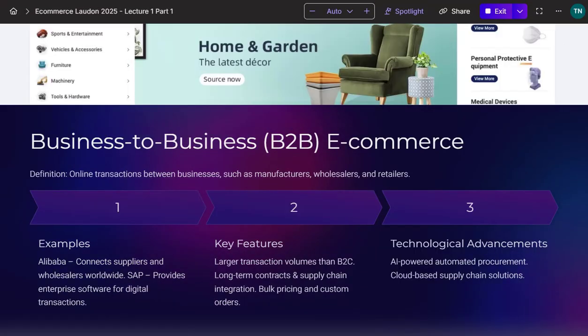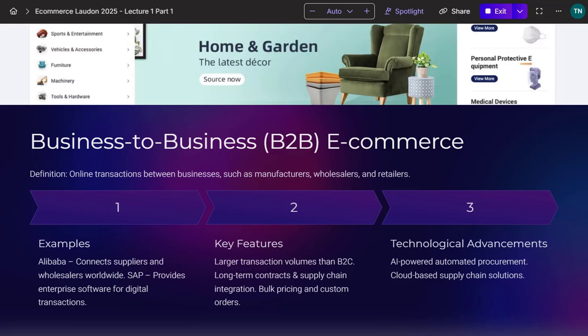Now we will look at B2B, or business-to-business, e-commerce. The default definition of B2B commerce is online transactions between businesses such as manufacturers, wholesalers, and retailers. B2B typically involves larger transaction volume, long-term contracts, supply chain integration, bulk pricing, and custom orders compared to B2C commerce.